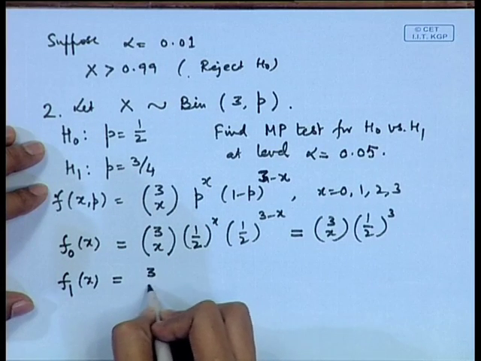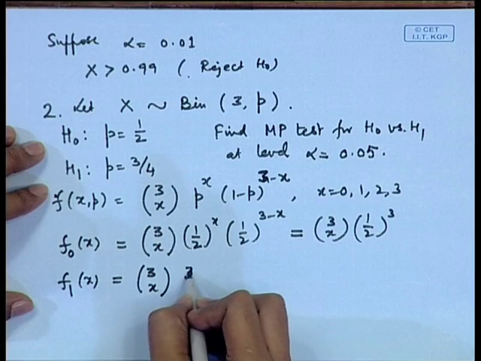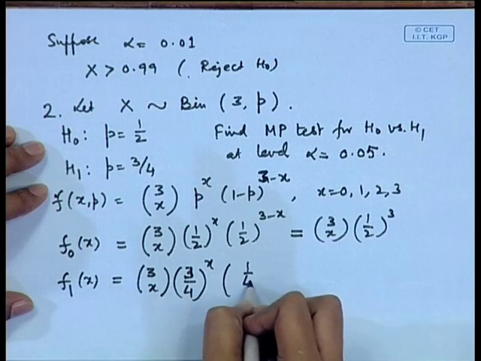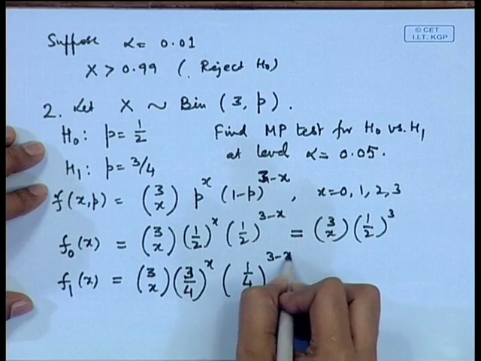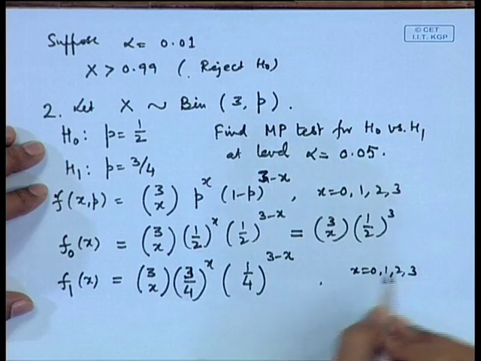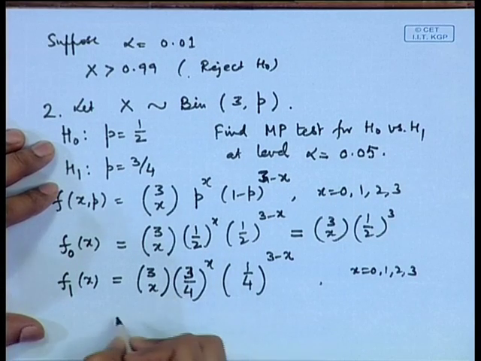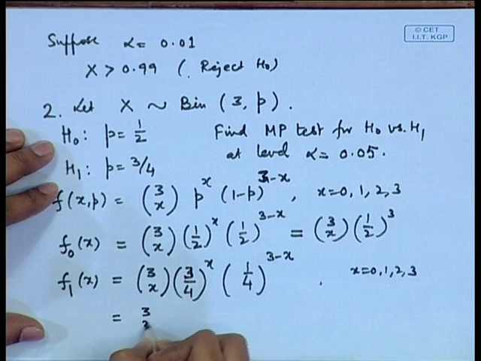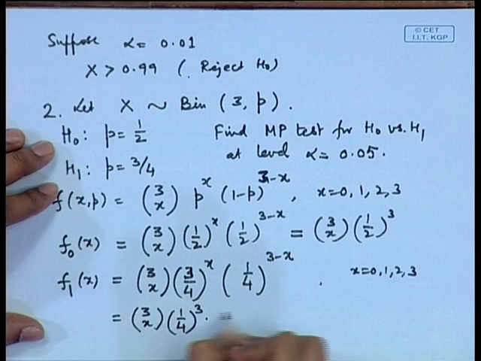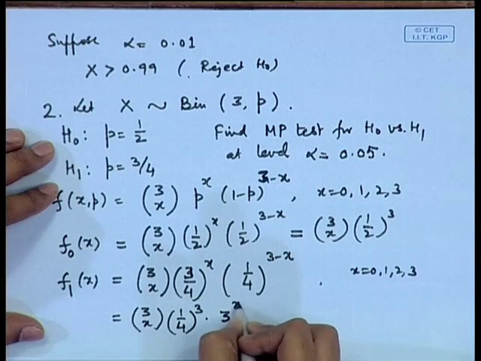So, the value is 3 C x, 3 by 4 to the power x, 1 by 4 to the power 3 minus x for x equal to 0, 1, 2, 3. Now, this can also be simplified a little bit, we can write it as 3 C x, 1 by 4 to the power 3 and 3 to the power x.